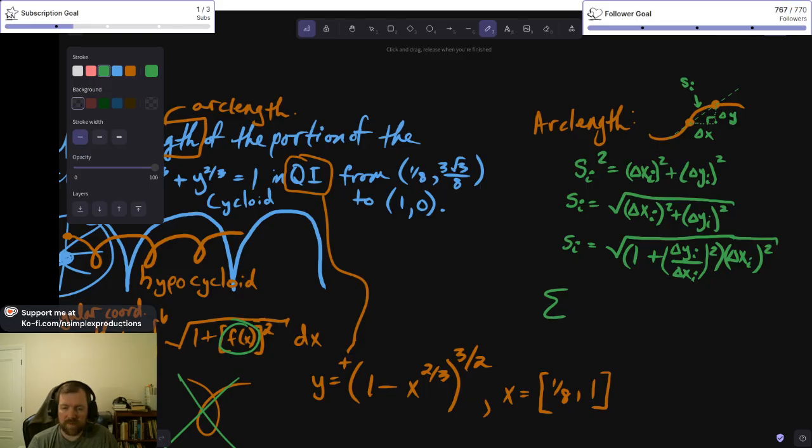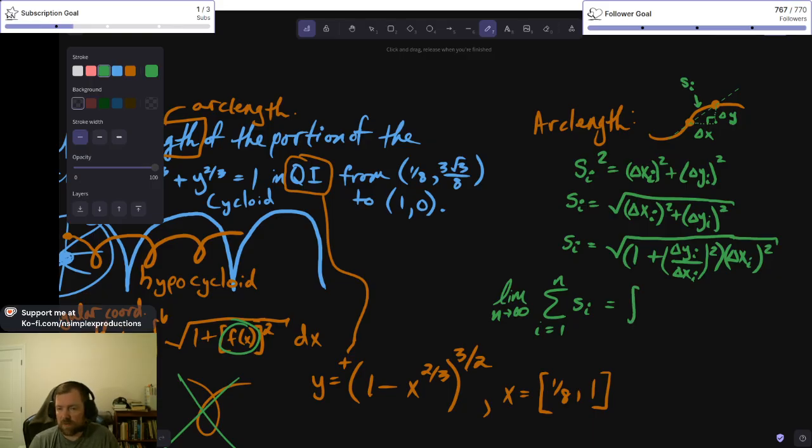And then as we sum these up, we take i going from 1 to n, take the limit as n goes to infinity, so we have an infinite number of these little tiny infinitesimal arc lengths, and then we take the s sub i, and this is, no surprise again, the definition of integral.